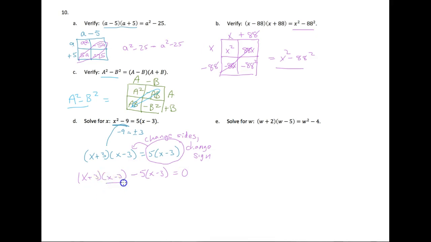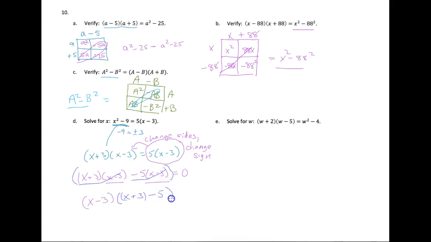Notice we have a common term in both of these, so that's the guy coming in front. x minus 3 doesn't really have to go in front. He could go in back too, but I just thought it maybe better tell you that. And then we're going to see that's gone and that's gone, and we're going to put the rest of what we have together, which means we're going to put x plus 3 minus 5.